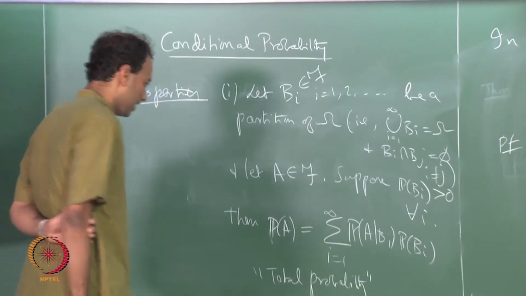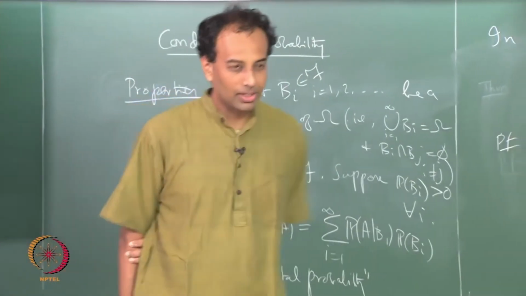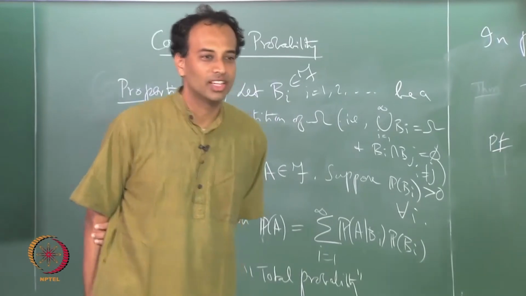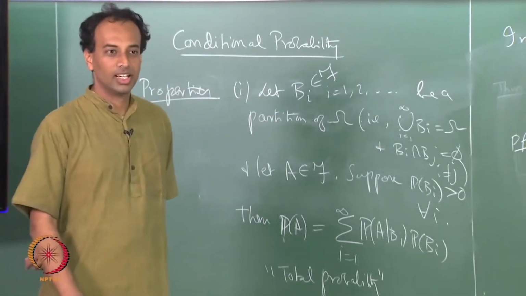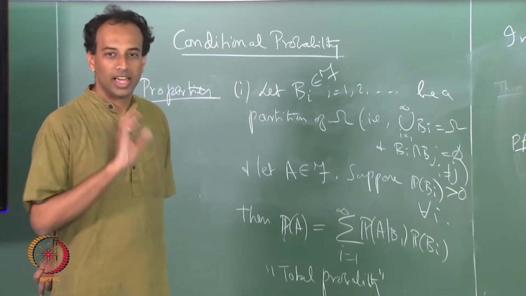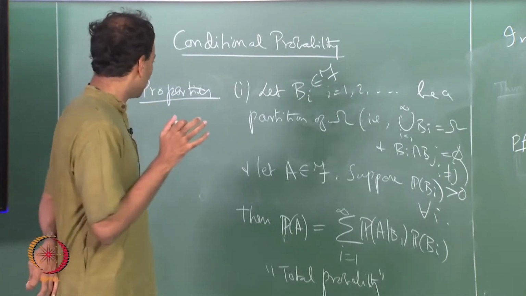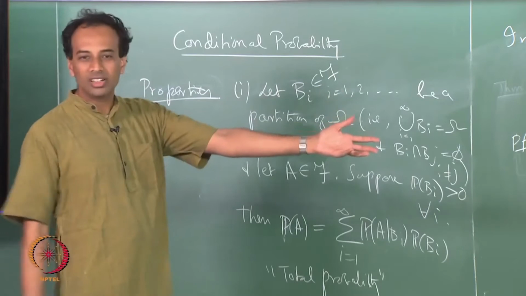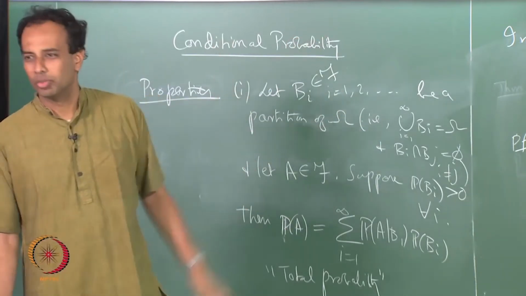A typical example of the law of total probability is the balls and urns experiment. Let us say you have n urns, and urn i has n_i red balls and m_i blue balls. You pick an urn at random and then pick a ball at random, with uniform probability.